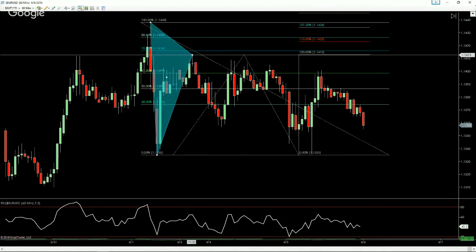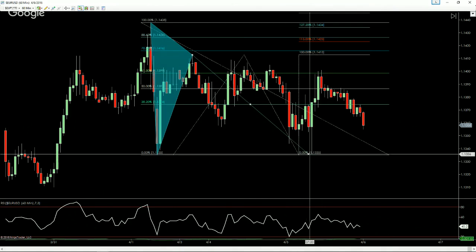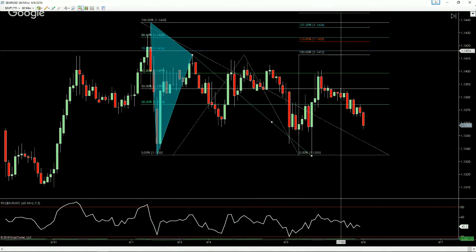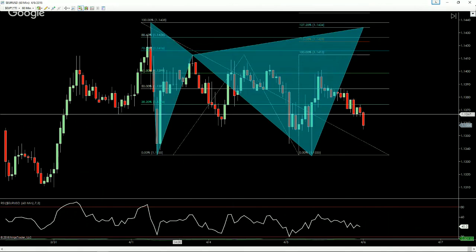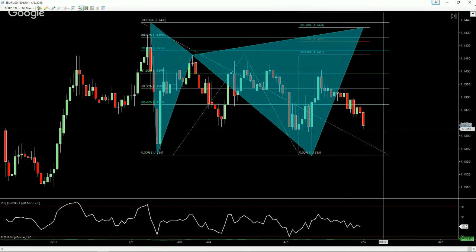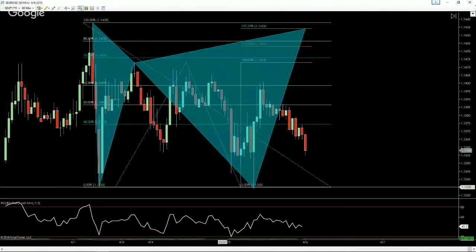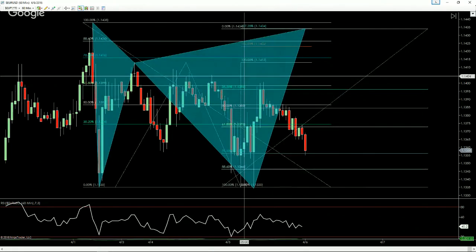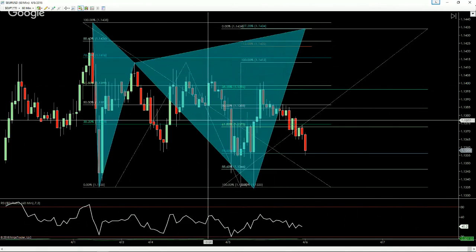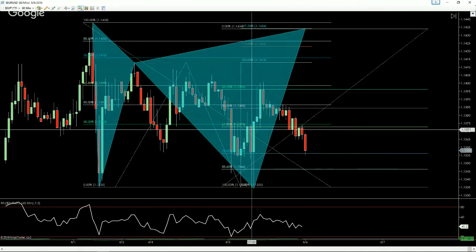The 882 would be right here. And D completion is not the prettiest one, but it is still that Gartley pattern. Targets, of course, is first targets at the 382 retracement and the 618 for the second targets.